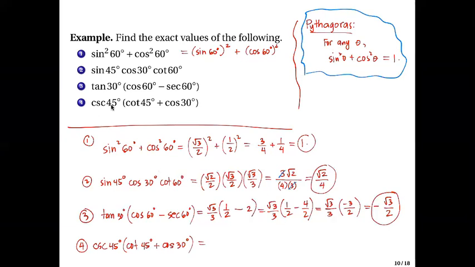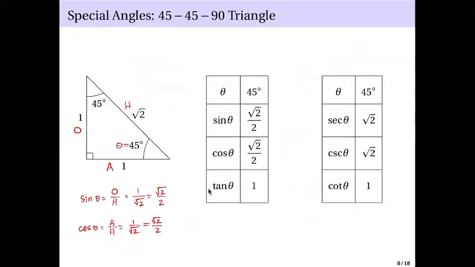Cosecant 45 degrees, it's the reciprocal of sine 45 degrees. Sine 45 degrees, according to this, it's square root of 2 over 2. So if you get the reciprocal, it's just square root of 2. And even if we look at our table here, cosecant 45 degrees, that's just square root of 2.